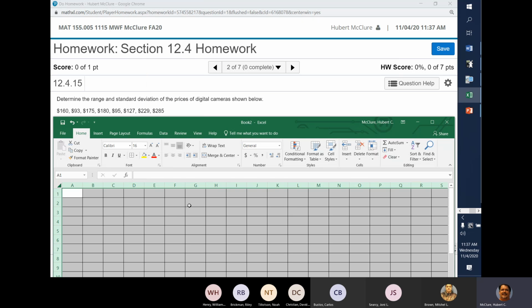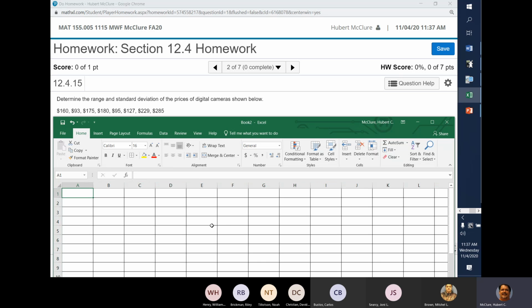There we go. And I'm going to put my numbers in. And my numbers are, I'm going to skip a couple of lines. All right, 160. I'll put them in order in just a second. 93, 175, 180, 95, 127, 229, and 285.